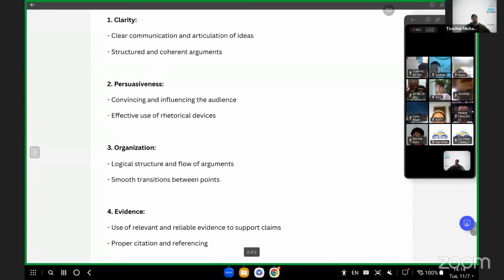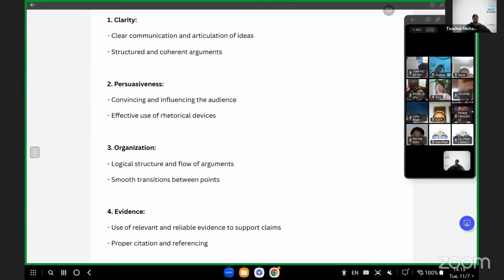Next, the judges also look for persuasiveness. We've had a little bit of a talk on some persuasive tactics in the past. They'll be looking to see how you convince the audience and if you can influence them to take your side of the debate.